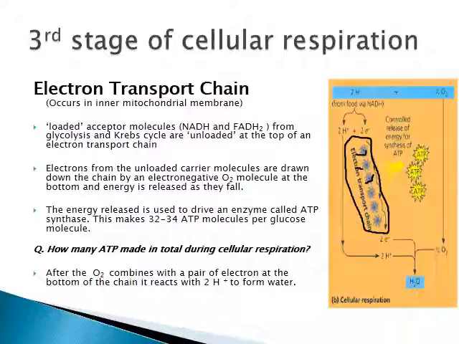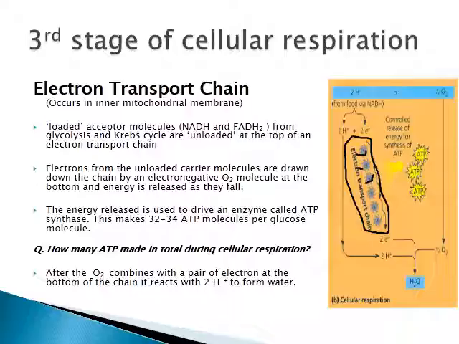Now, sitting in that matrix are our hydrogen ions, and what we do is we use the energy produced from the fall of the electrons to pump the hydrogen ions from the mitochondrial matrix across the inner membrane into the intermembrane space. That's all good.